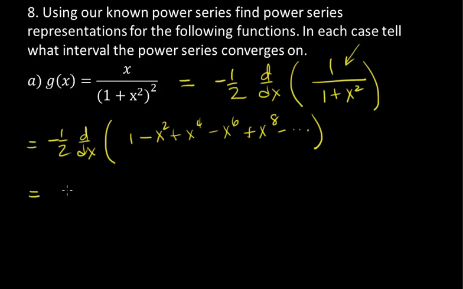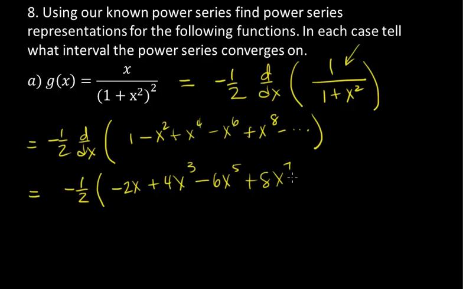So now, well, let's differentiate term by term. We know that this is a convergent series, and we can differentiate term by term. So the derivative of 1 is 0, and we get minus 2x plus 4x cubed minus 6x to the 5th plus 8x to the 7th minus... And we could multiply in the negative 1/2, and that will change the sign all the way across and divide by 2.